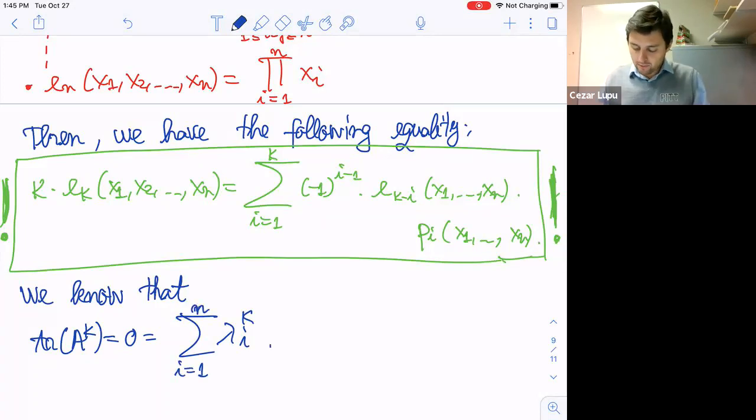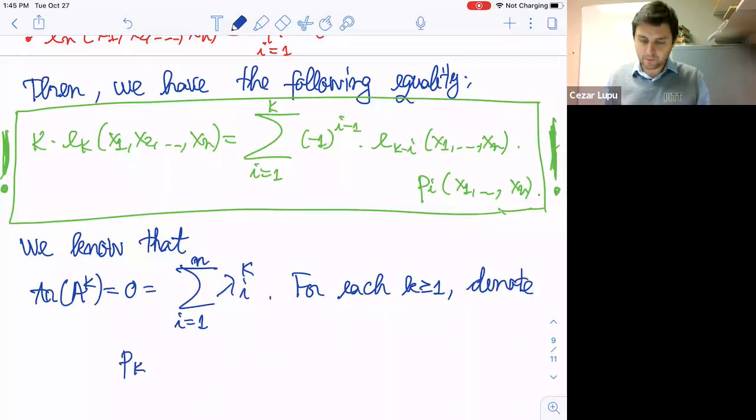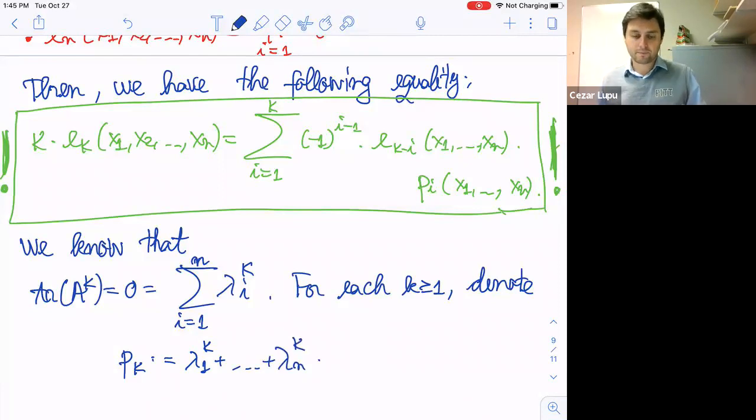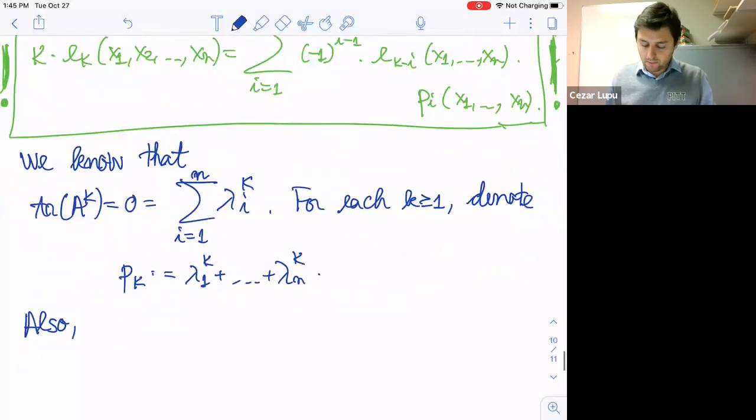And now, for each k greater or equal than 1, denote this guy p_k as lambda_1 to the power k plus ... plus lambda_n to the power k. Also, we know that e1 is nothing else than the sum of the lambda_i.